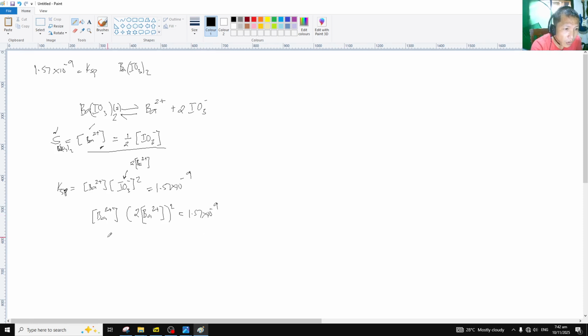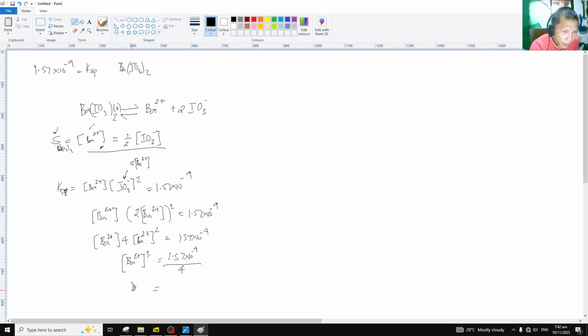Then, papasok to siya, magiging barium 2 plus. Then, ito magiging 4. And then, barium 2 plus squared. So, itong dalawa, pwede mo itong pagsamahin. You have barium 2 plus cubed. Tapos, yung 4, ilagay mo dito. So, that would be 1.57 times 10 to the negative 9 divided by 4.